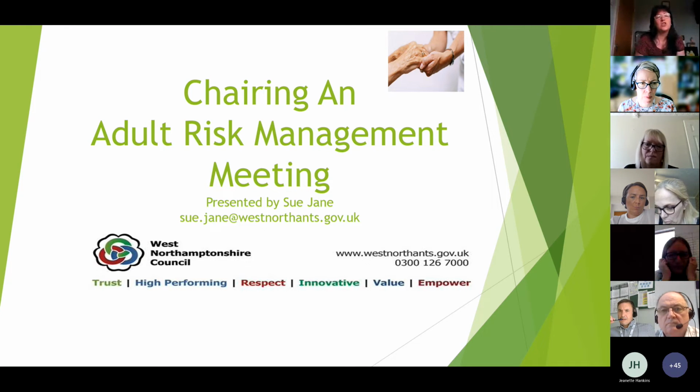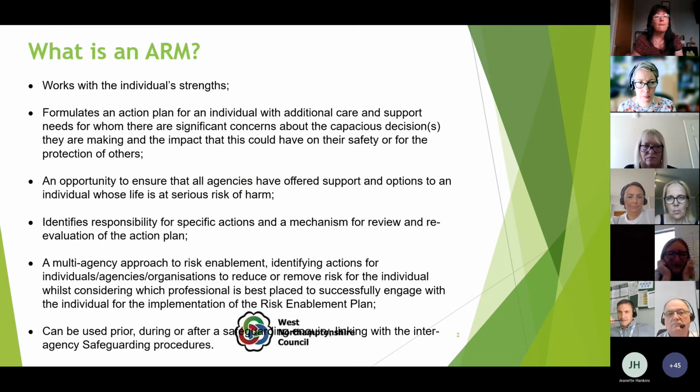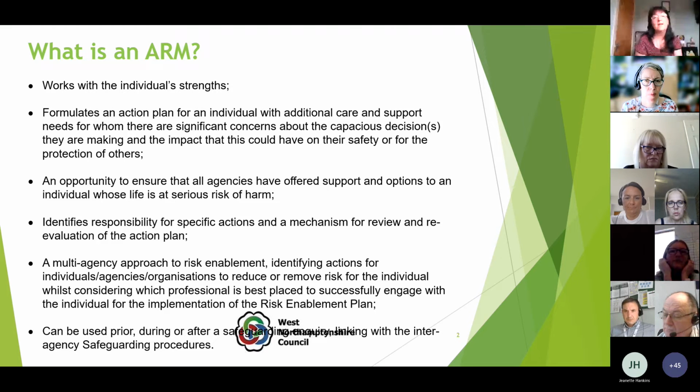So here we are. This is chairing an adult risk management meeting. I start with what is an ARM. An ARM, an adult risk management, is about working with an individual's strengths. It's about formulating an action plan for an individual with additional care and support needs where there are significant concerns about the capacitous decisions that that person may be making, and also the impact this could have on their safety and for the protection of others.